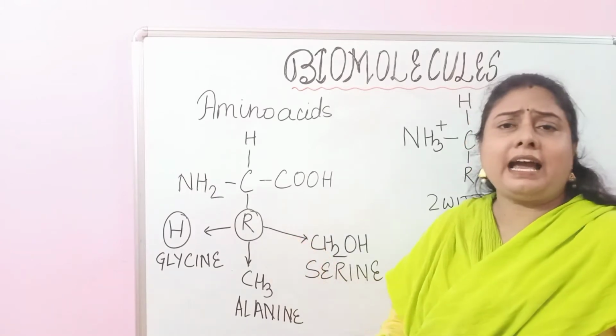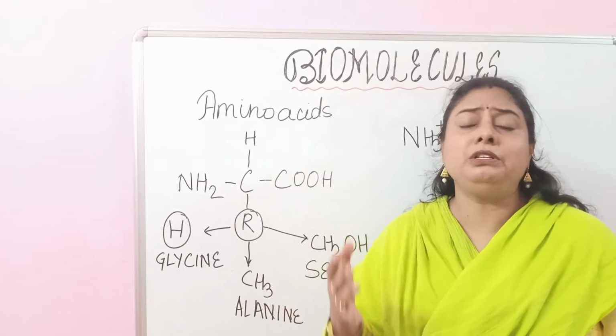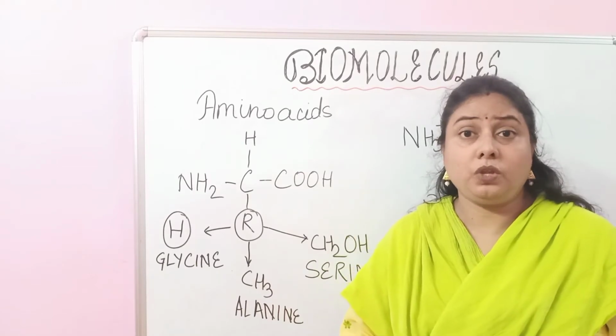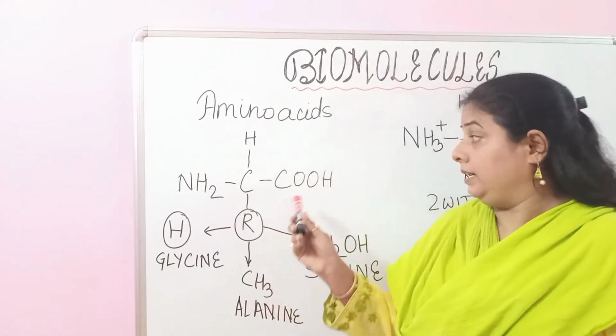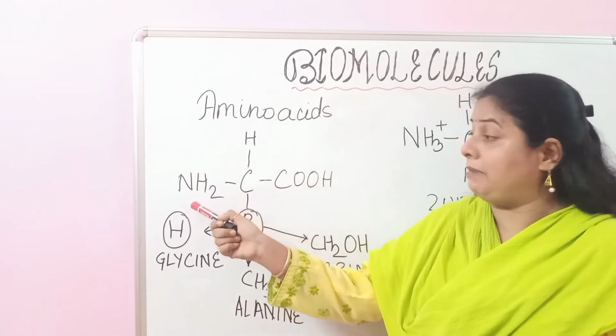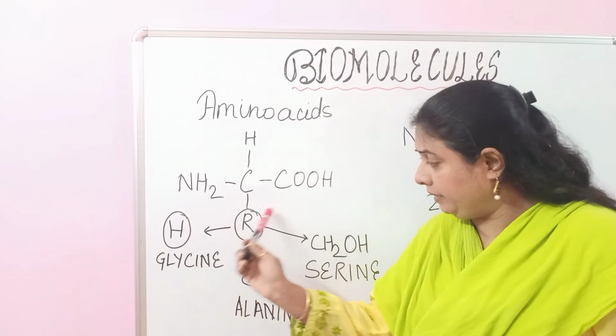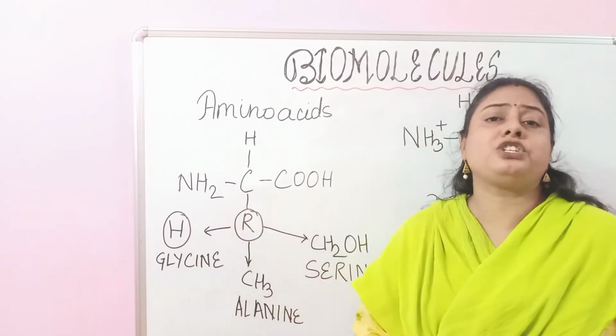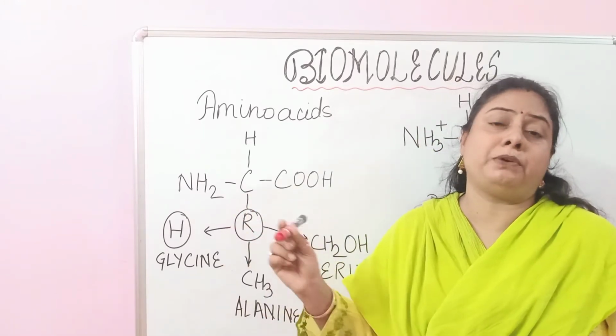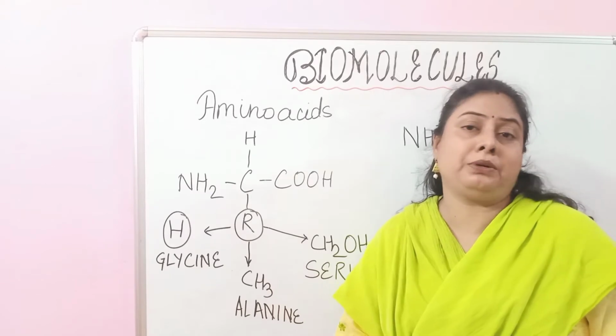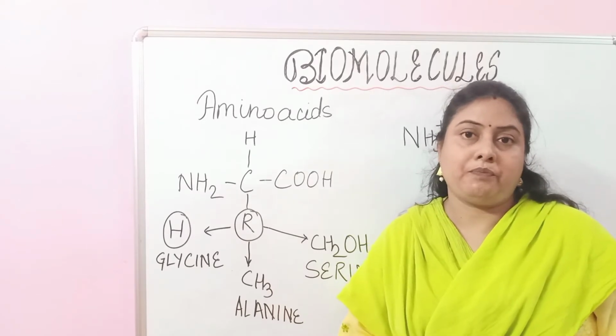Like this, R can be any hydrocarbon chain, but it is the amine group, the carboxylic group, and definitely the R chain, which gives the characteristic property to these amino acids.